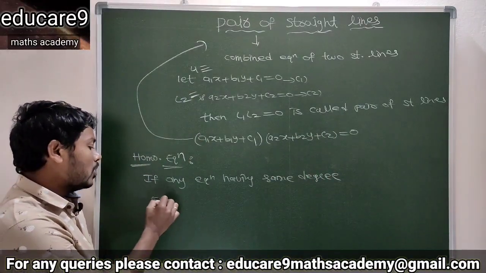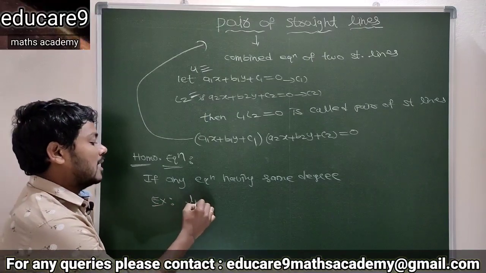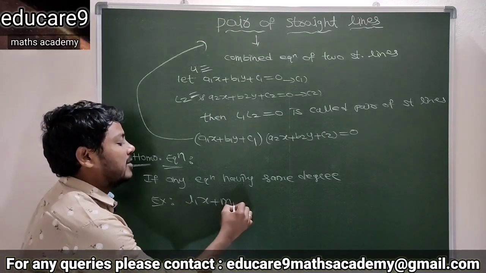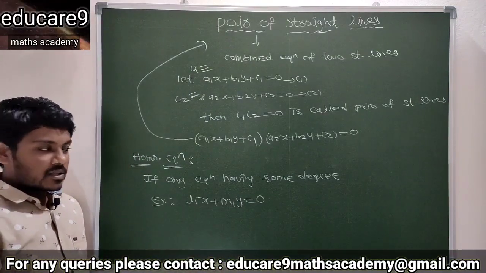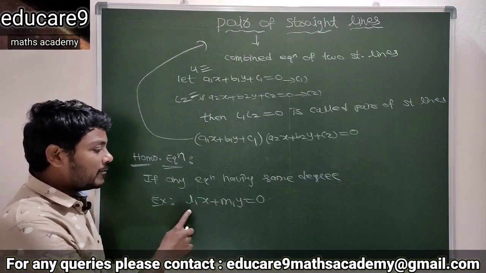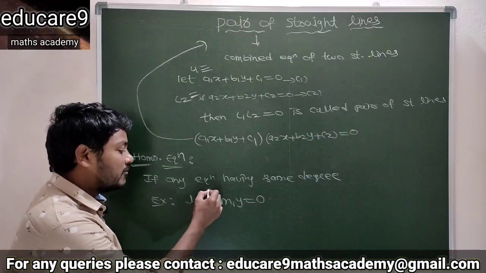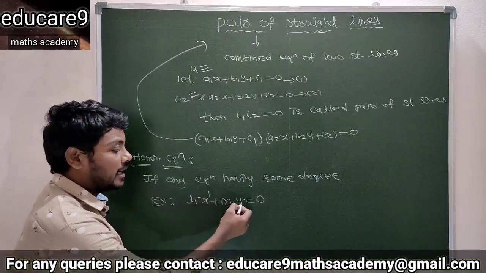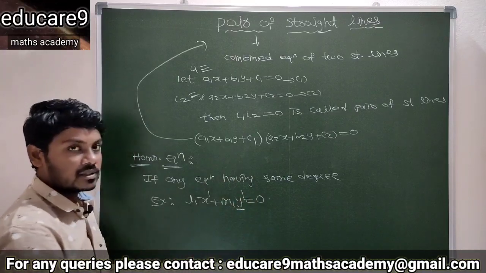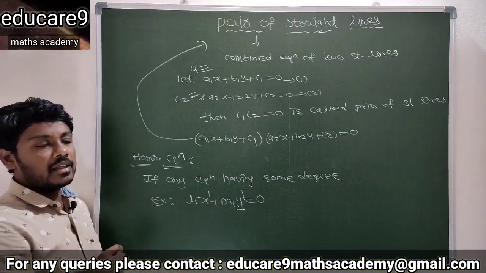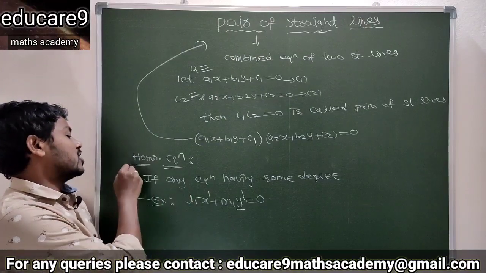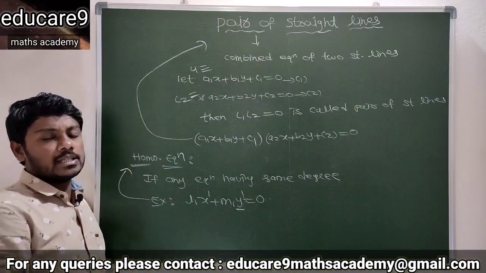For example, l1x plus m1y equals 0. Clearly, the degree of variable x is 1 and the degree of variable y is also 1. So this equation has the same degree, therefore it is called a homogeneous equation.